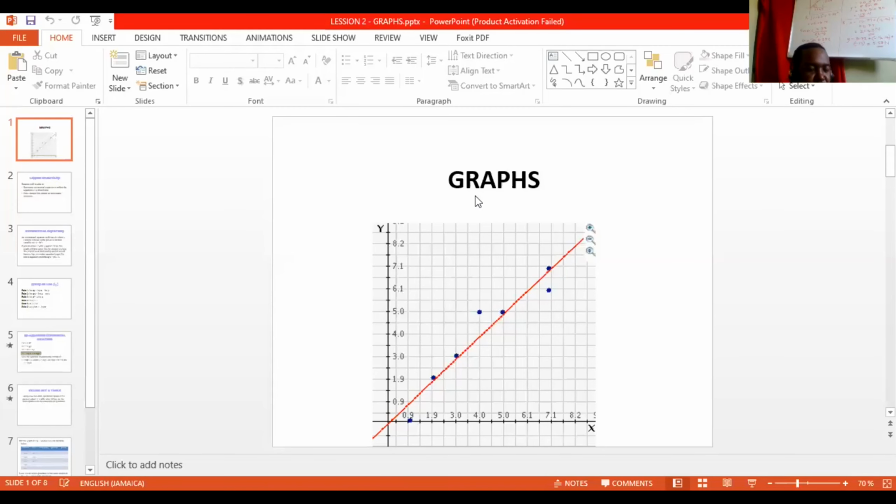That's just my opinion, though. So we're not going to do plotting of graphs, but there are just some little things that you need to know pertaining to graphs. That's what we're going to do.